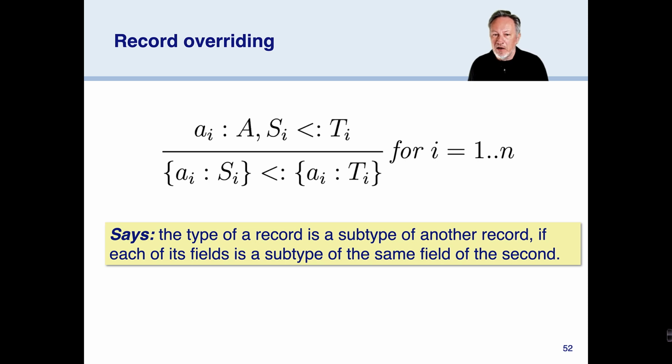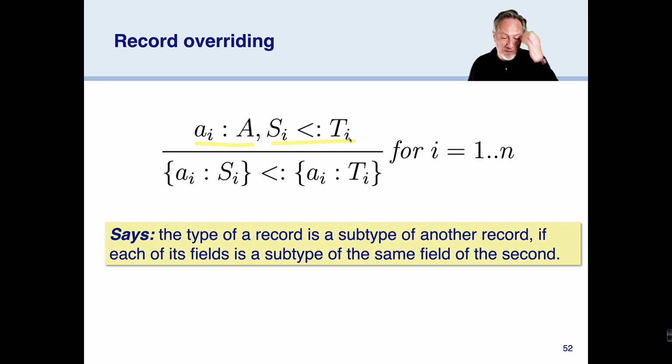We can also have a rule for overriding. So here, for example, we have a bunch of labels as we had before, and we have a bunch of types, S_i to T_i, which are subtypes. So this is going to be kind of a covariant rule.